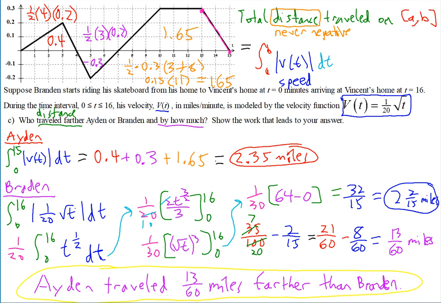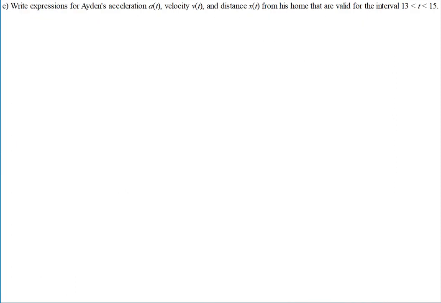So the easiest one to start with is actually acceleration, because the acceleration is just the slope. Notice this point is 13, 0.3, and this point is 15, 0. So if we just find the slope between those, we'll get acceleration. So it's acceleration a of t on that interval. It's going to be that slope.